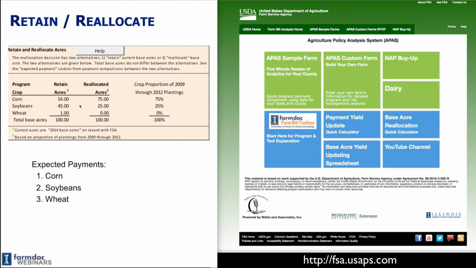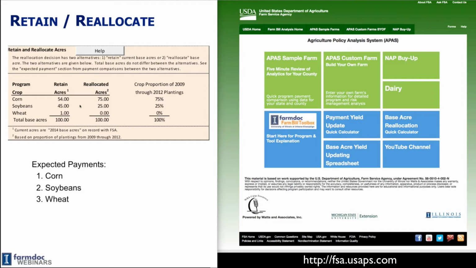Again, you cannot influence the choices of those two. You will simply be presented those two choices, and you will either select retain or reallocate. And here's our suggestion, particularly if you're in the Midwest, Illinois: you choose the one with the least number of soybean acres and most acres of corn.